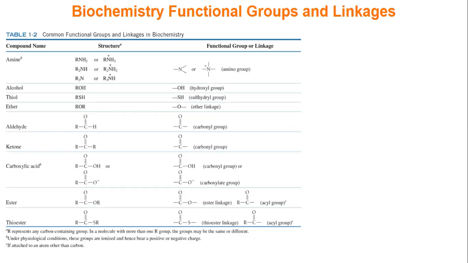We're first starting with the different functional groups and linkages that are commonly used in biochemistry. Unlike organic chemistry, where you can have a lot of different molecules, in biochemistry we mainly focus on just a few types of elements: carbon, nitrogen, oxygen, sulfur, phosphorus, because those elements are found in living organisms.